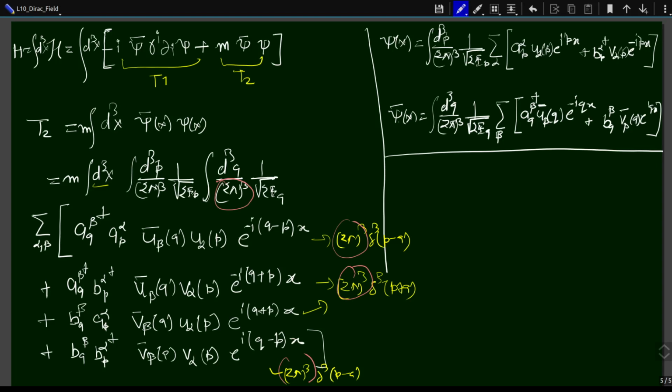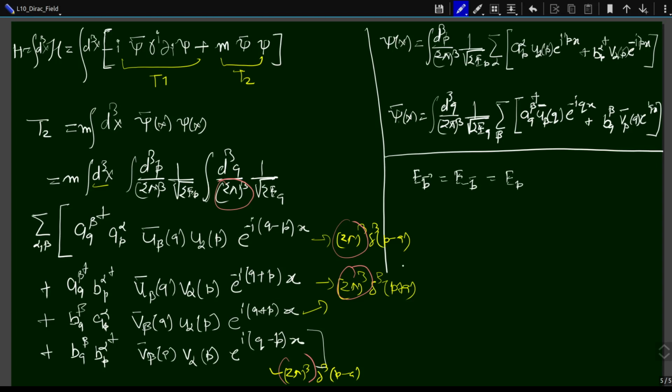Then you perform the integral of the q. In some of the terms p becomes equal to q, in some of the terms p becomes opposite of q. But in both cases, since E of p vector is equal to E of minus p vector, which is equal to just EP, the energy will be exactly the same.